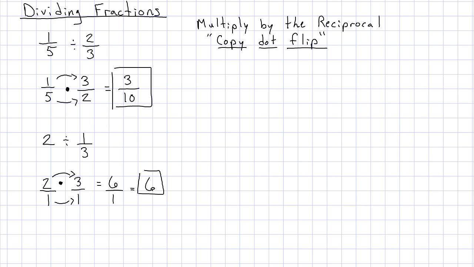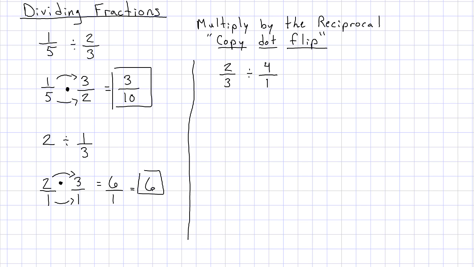Let's do one more example where our second number instead is a whole number. So I'm going to draw a vertical line here to indicate I'm doing more work. Let's do 2/3 divided by 4. So here, 4 is my whole number, my second value. I think what makes sense for a lot of students is to basically write 4 as a fraction.